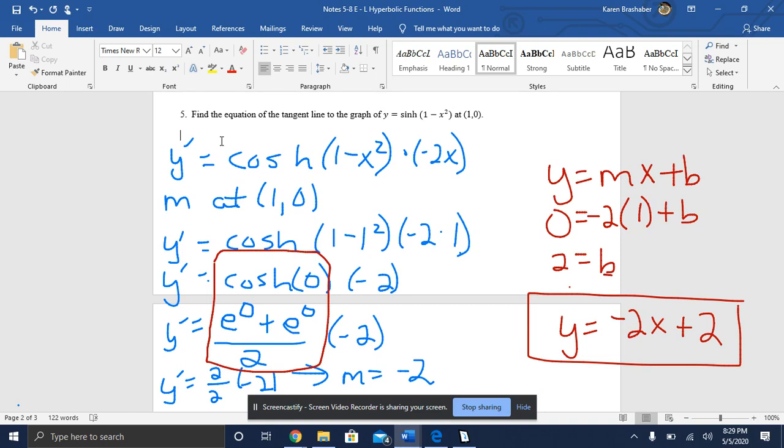So hyperbolic cosine, e to the x plus e to the negative x over 2. If it had been hyperbolic sine, it would be e to the x minus e to the negative x over 2. So just remember that anytime that you're having to evaluate.